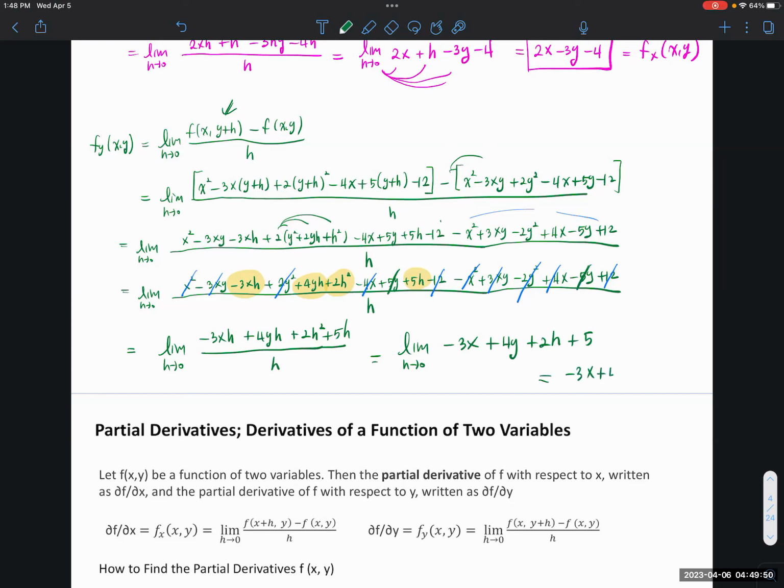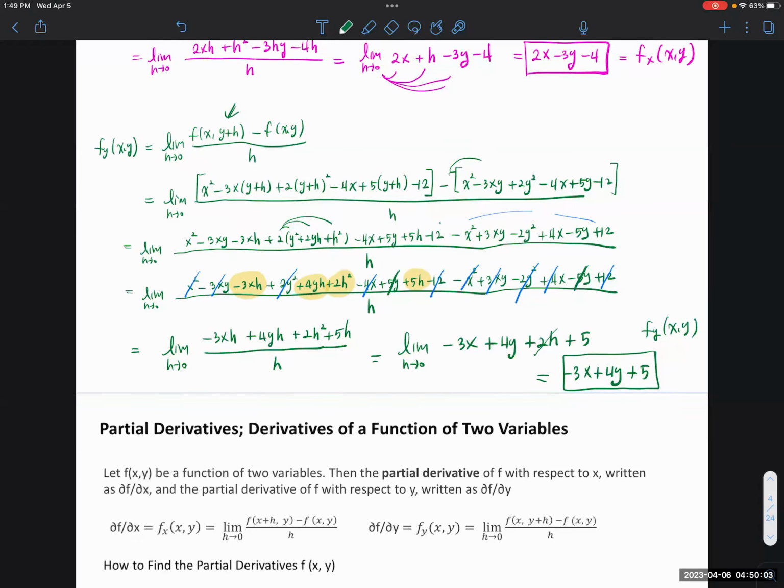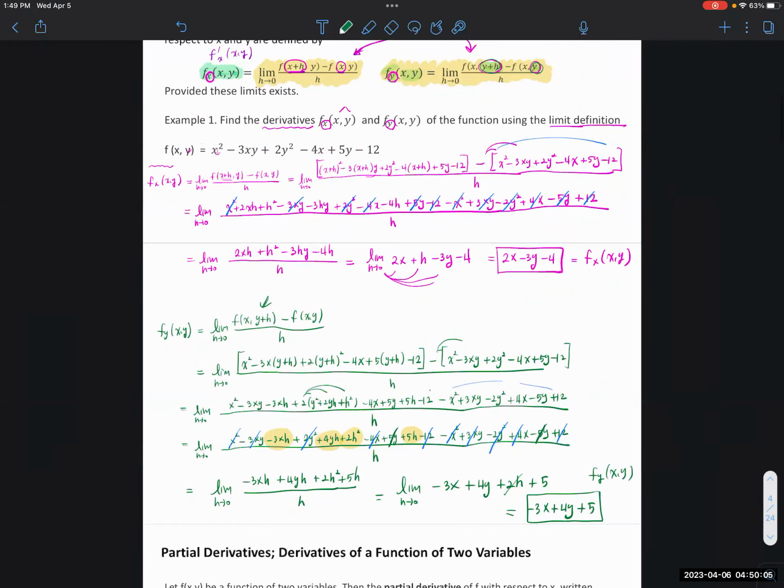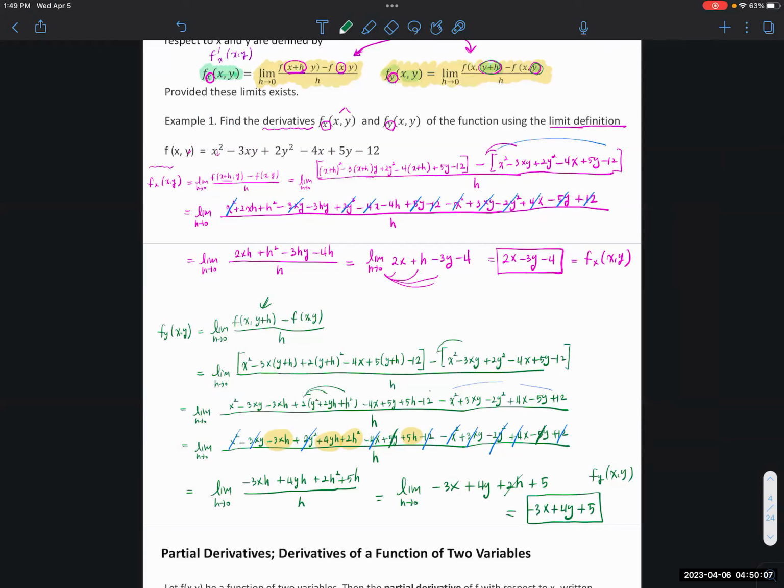Negative 3x plus 4y, that's going to be 0, plus 5. Gotcha. This is our f_y(x, y), the derivative with respect to the y variable. So that's how you take the partial derivative when you have two variables at the same time, and we are looking for the slope for each one.